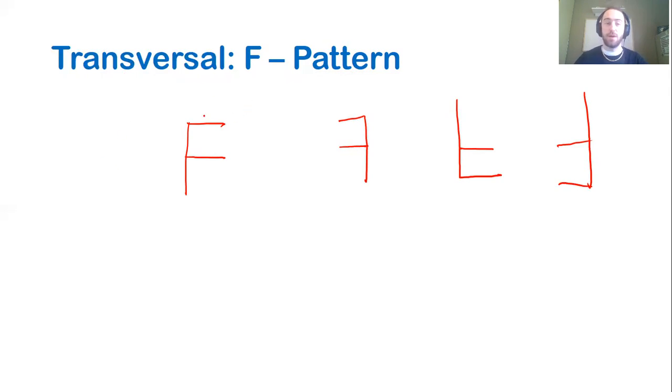Again, our parallel lines remain the same, and our transversal is the line that intersects, so the third line in each letter. Now these F's don't have to be straightforward. They could also be slanted a bit, or slanted backwards. We're just looking for the letter F.